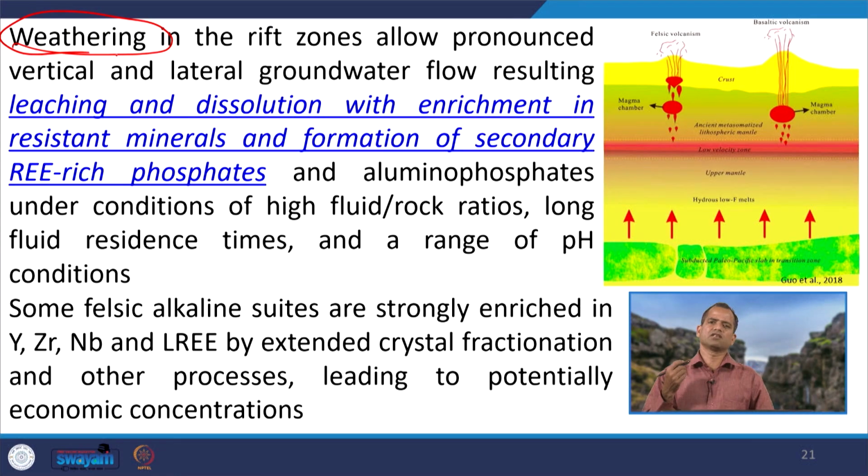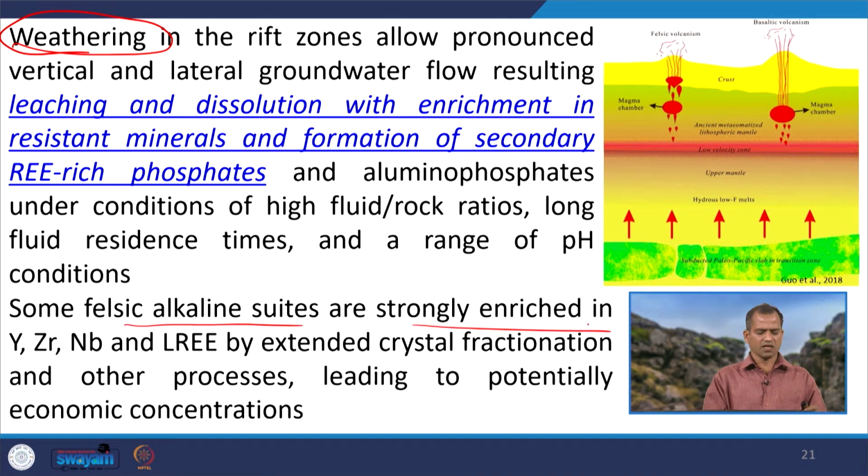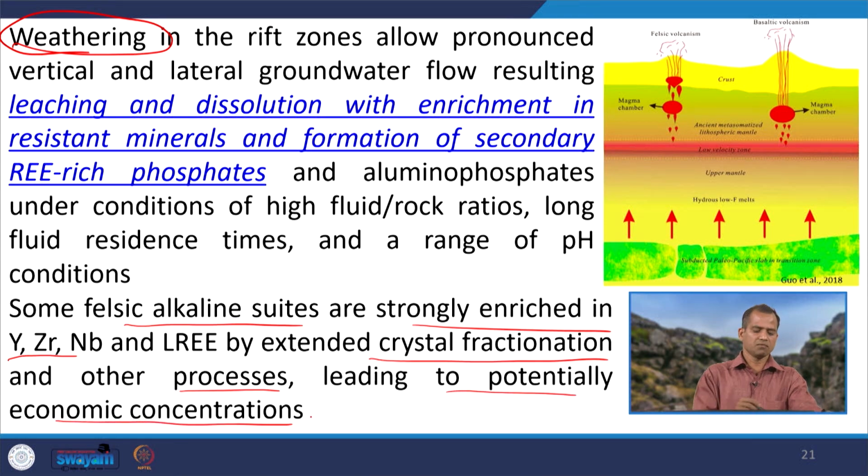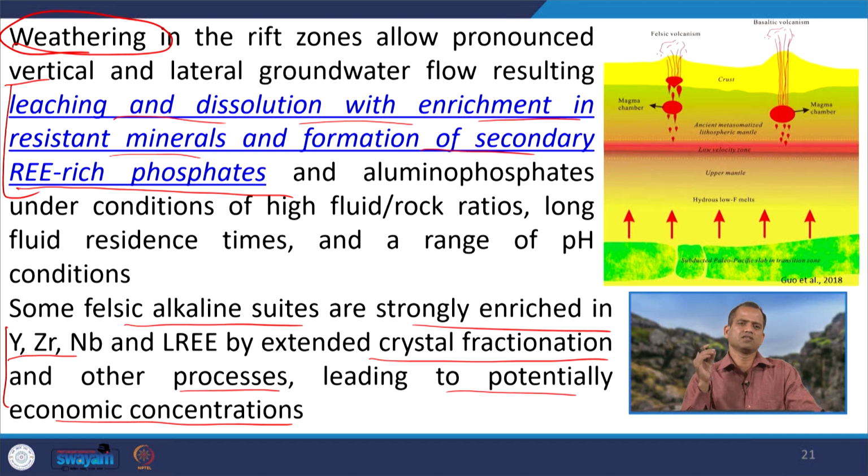So, weathering also plays a large role in the rift margins, and some of these felsic alkali fluids are strongly enriched in yttrium, zirconium, niobium and REE through extended crystal fractionation and other processes leading to potentially economic concentration. Similarly, leaching and dissolution with enrichment of the resistant minerals and formation of secondary REE rich phosphates. So, due to weathering, leaching occurs, and the minerals which are resistant will remain there and give rise to mineral deposits.